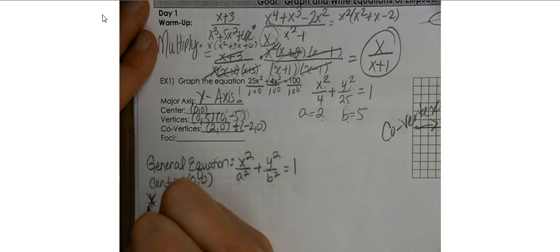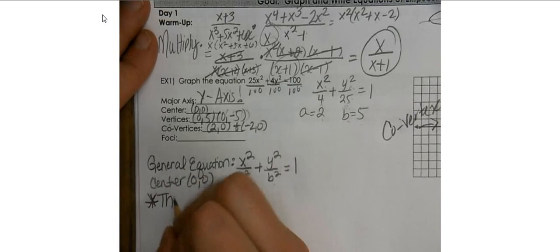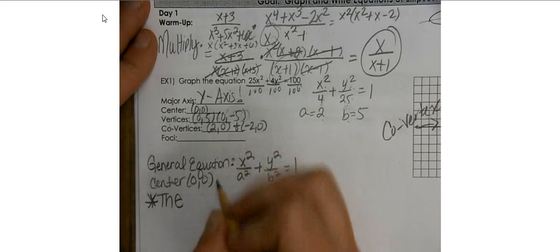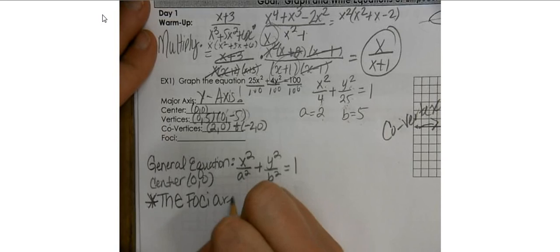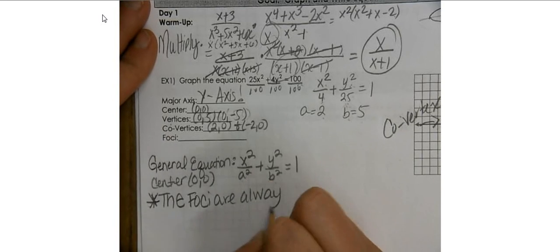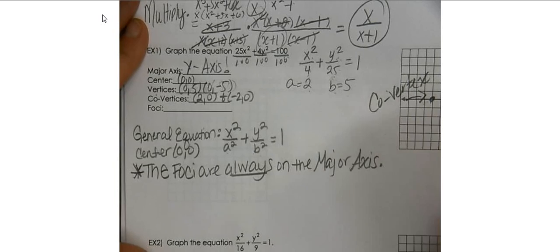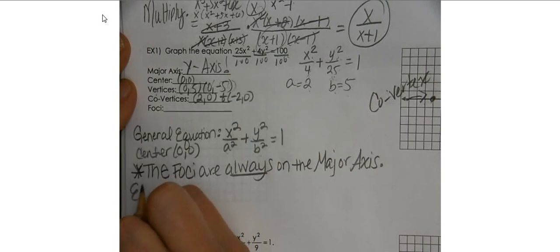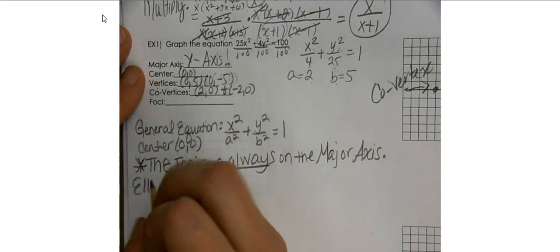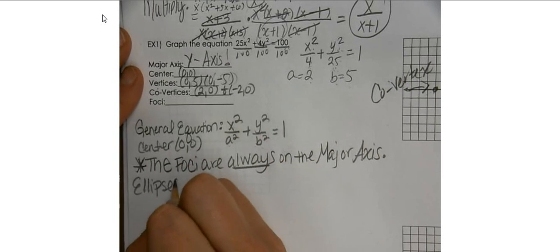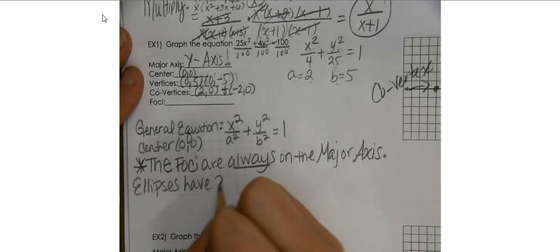Some things to note: the foci are always on the major axis. Please note that all ellipses have two foci.